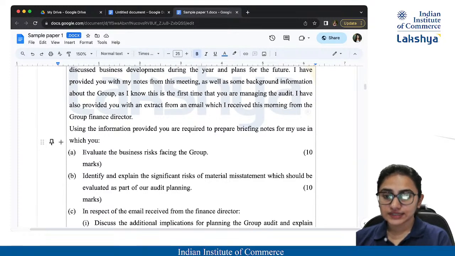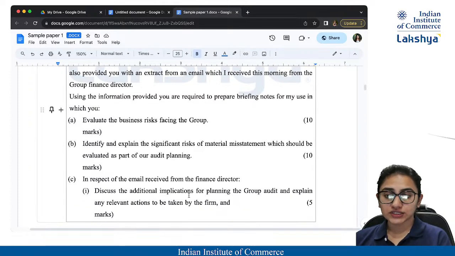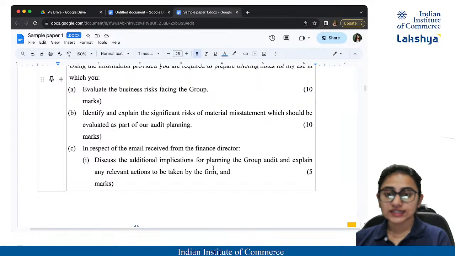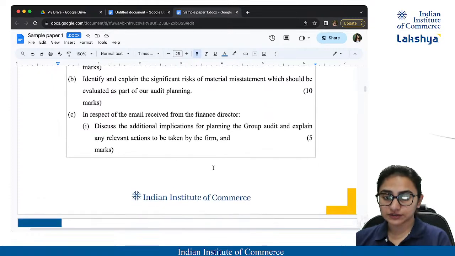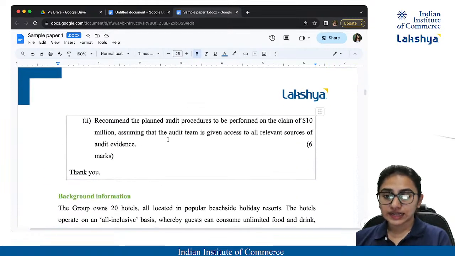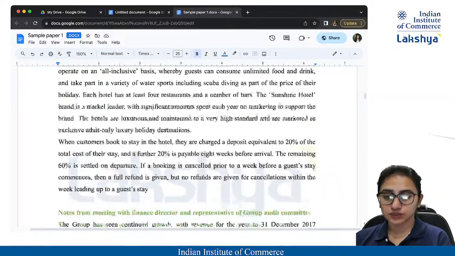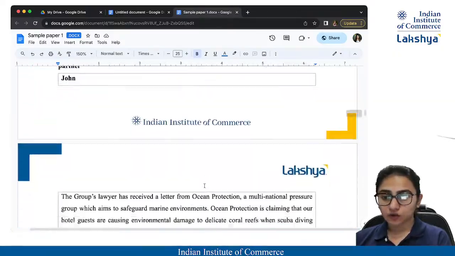Requirement A says evaluate the business risk facing the group for 10 marks. Identify and explain the significant risks of material misstatement which should be evaluated as part of our audit planning. In respect of the email received from the finance director, discuss the additional implications for planning the group audit and explain any relevant actions to be taken by the firm, and recommend the planned audit procedures to be performed on the claim of $10 million, assuming that the audit team is given access to all relevant sources of audit evidence. And for this you have all this information.